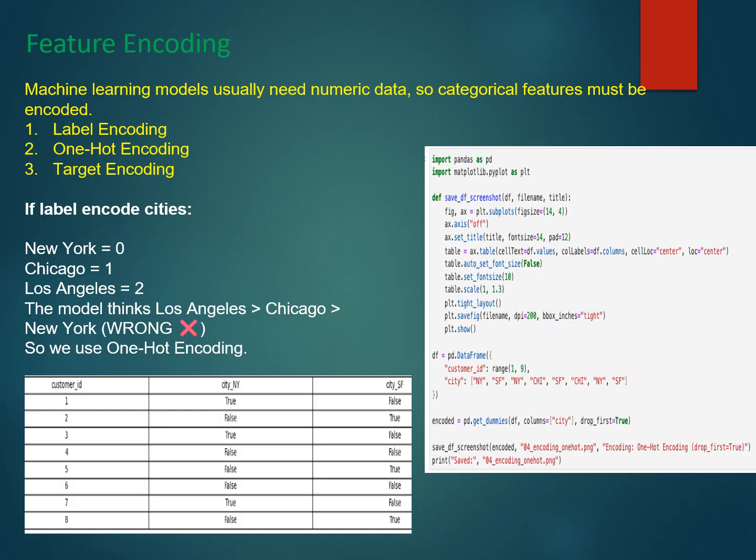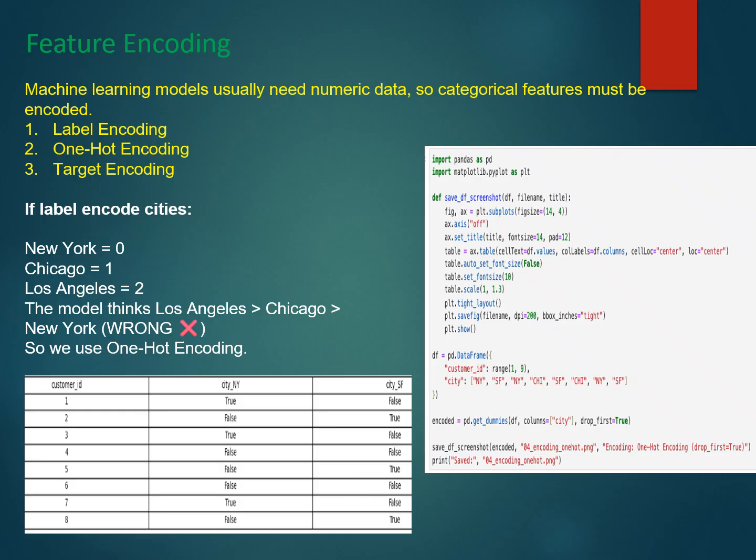Feature encoding. Now let's discuss feature encoding. Machine learning models cannot understand text categories like city names. They only understand numbers. So we convert categorical data into numeric format using techniques like label encoding, one-hot encoding, and target encoding. However, we must be careful.